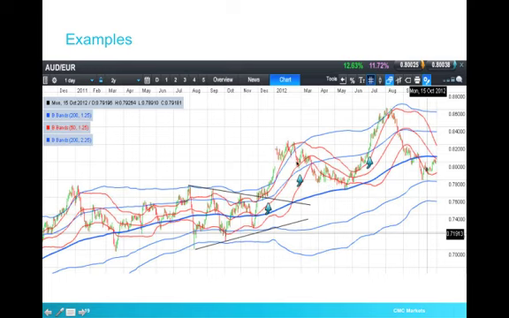So we are still interested in moves that occur outside of the bands because that reflects the prevailing trending movement. So moves often outside of the plus 1.25 standard deviation bands are still enough for us to be quite enthusiastic about.